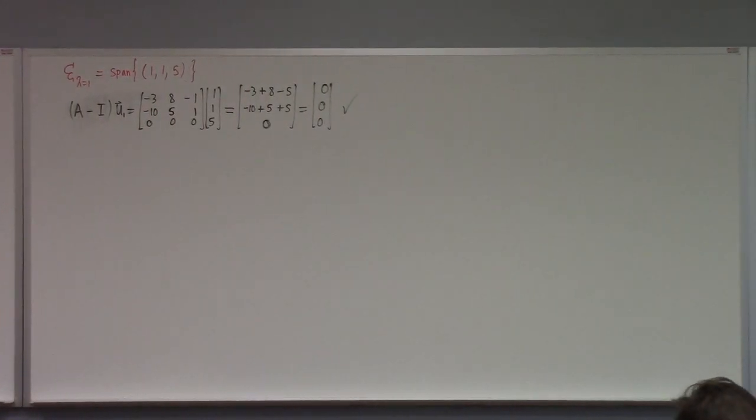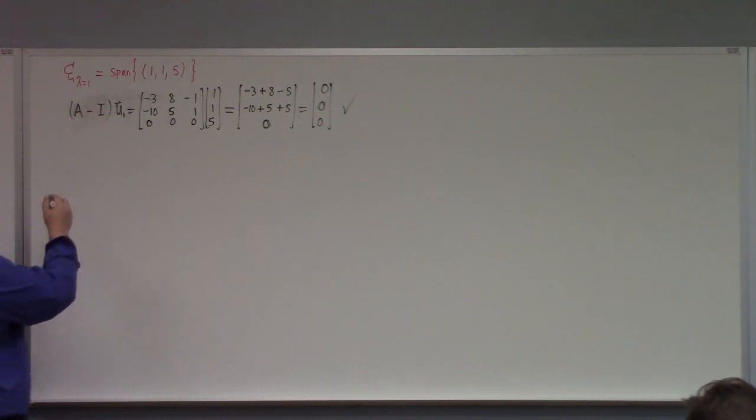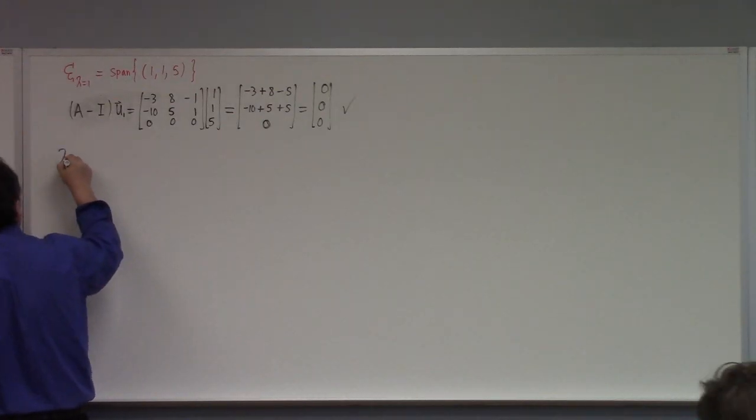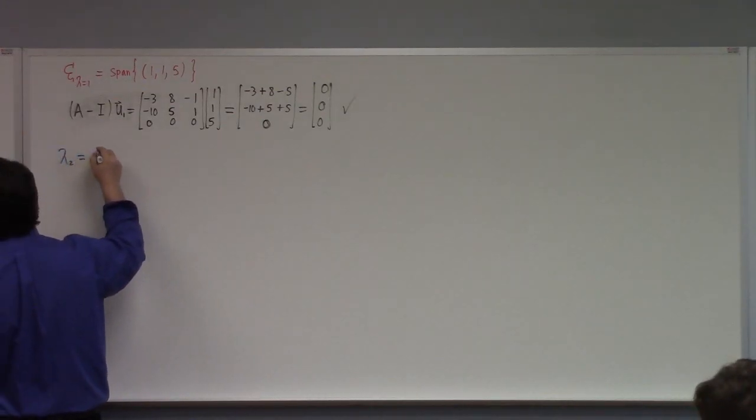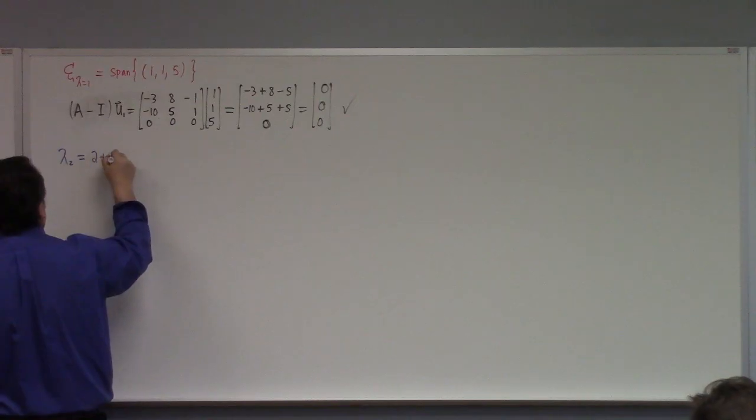Next up, let us calculate the complex eigenvector. So let's move on to that part of the calculation here. We've got lambda 2, let's say, equal to 2 plus 8i.